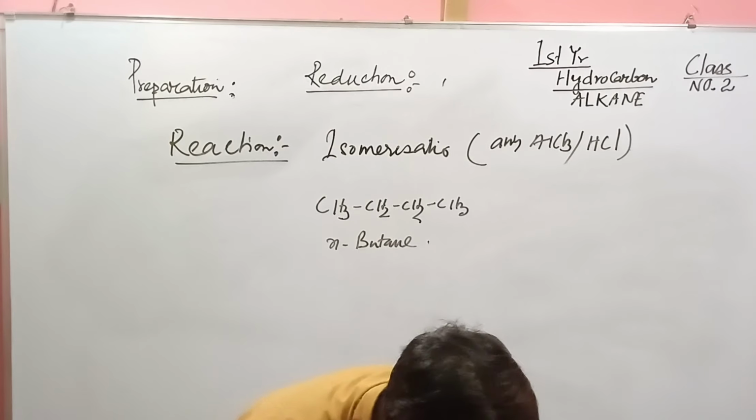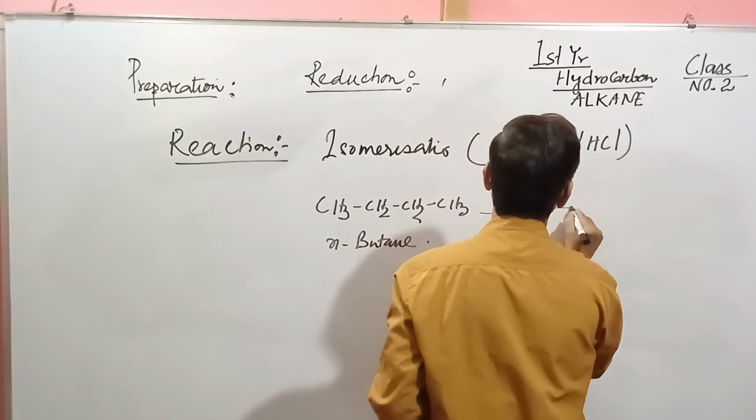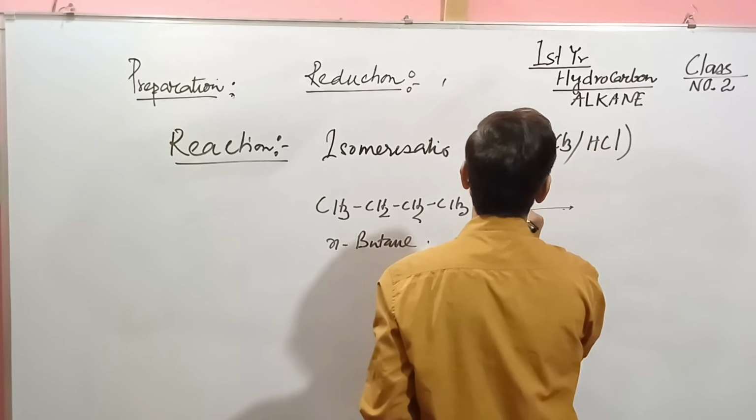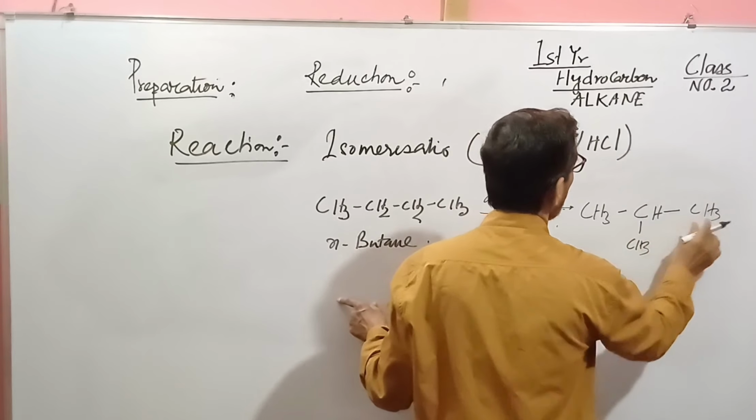If I give the reagent anhydrous aluminum chloride and HCl, the answer is CH3, CH, CH3, CH3. It is 2-methyl propane.